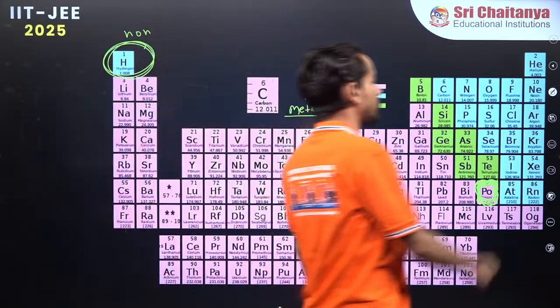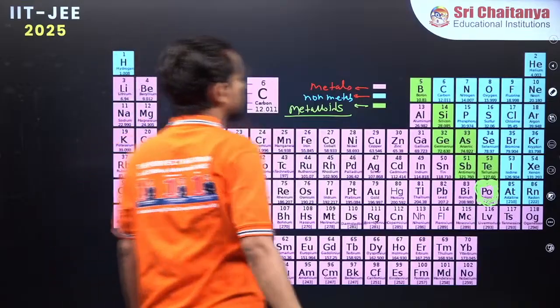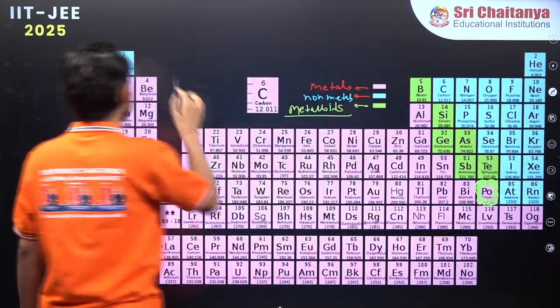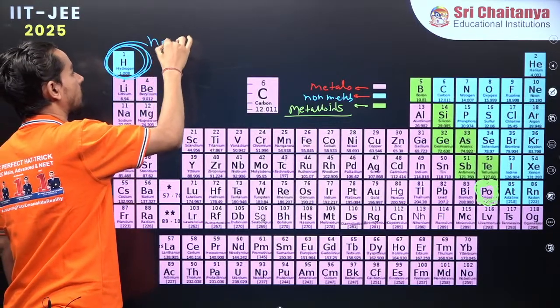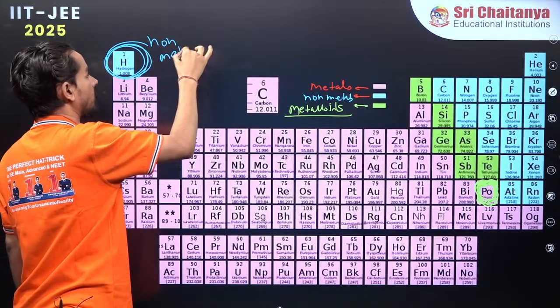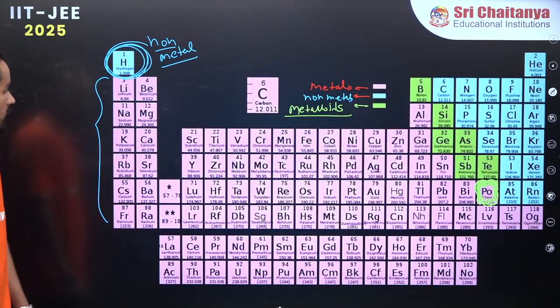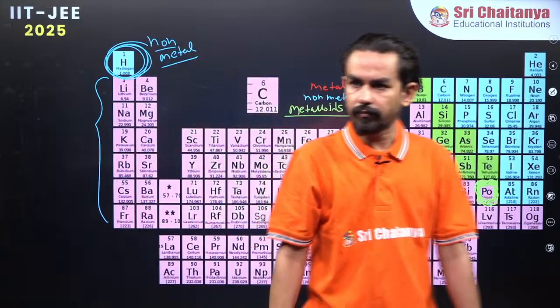Let me write it differently. See, hydrogen is also blue color, which means it is also a non-metal, even though it is existing between all other metals. These all others are metals. Okay, that's it. I think that is very, very easy.